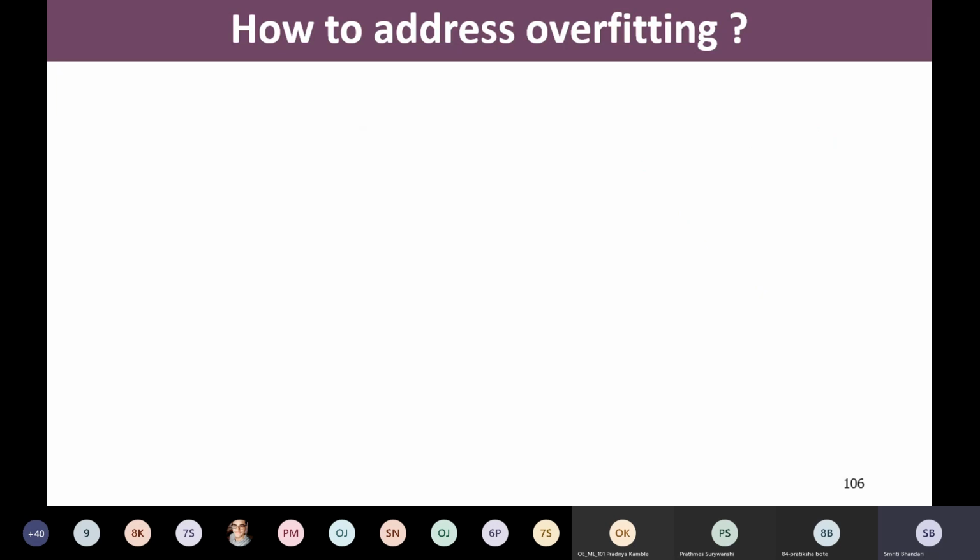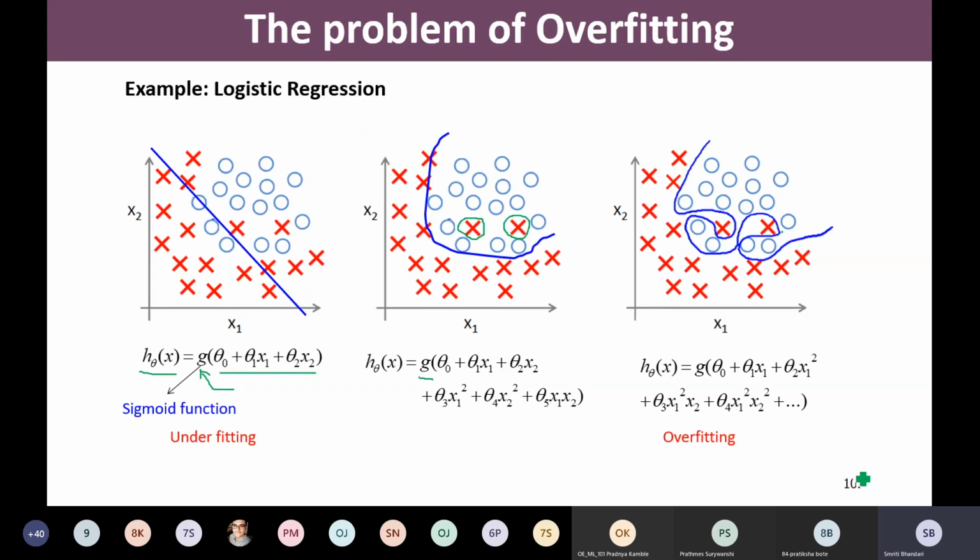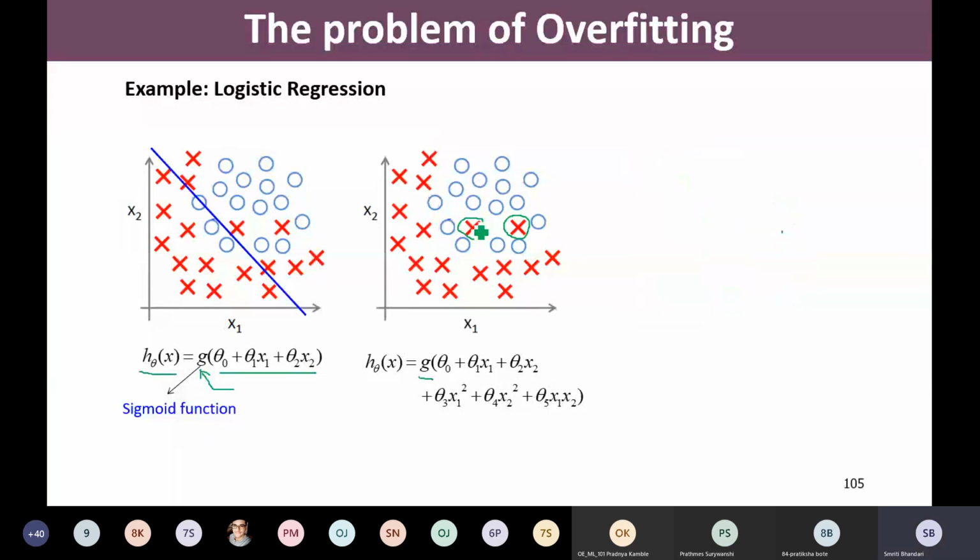Let me once again go back so that you can understand it better. If I plot my training samples in this space, then I may have a rough idea what kind of hypothesis may be suitable. Say for example, if such a plot is there, then obviously I may think that a linear function may not work, but if I go with a function like this, which is a quadratic function, then it may work.